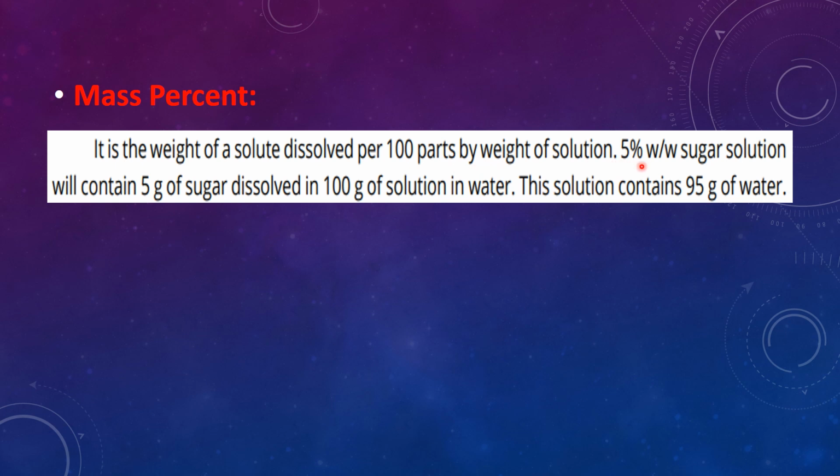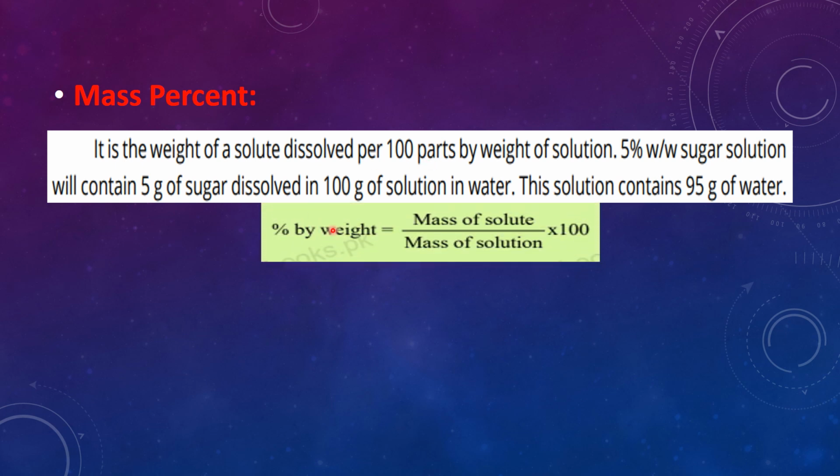If we consider 5% weight by weight sugar, it means 5 grams of sugar is dissolved in 100 grams of the solution in water. 5 gram sugar in 100 gram of solution means this solution contains 95 gram of water, and the total weight of the solution is 100: 5 gram sugar plus 95 gram of water. The solution will be 5% weight by weight.